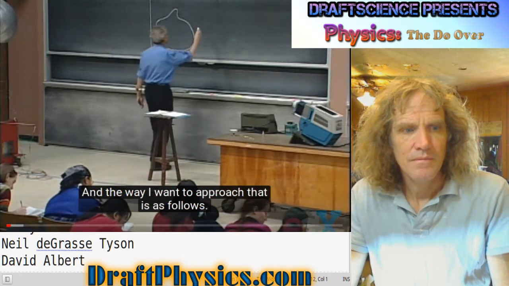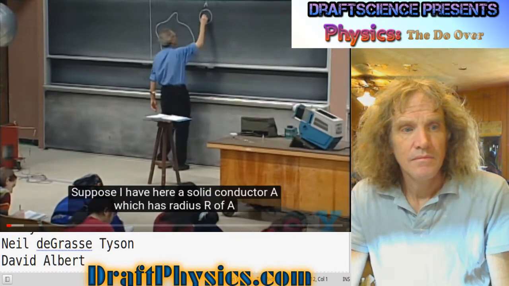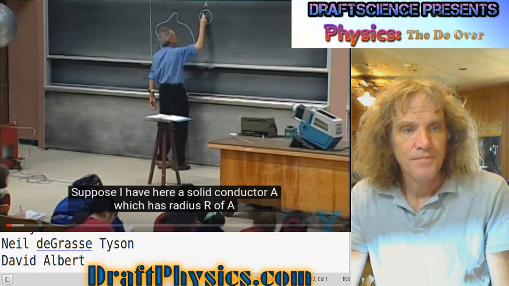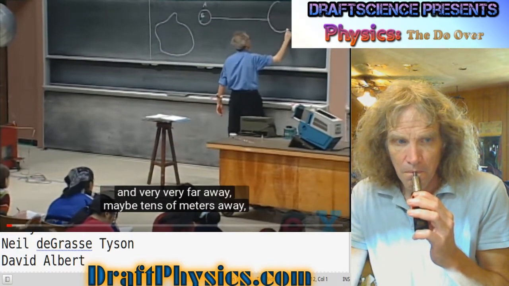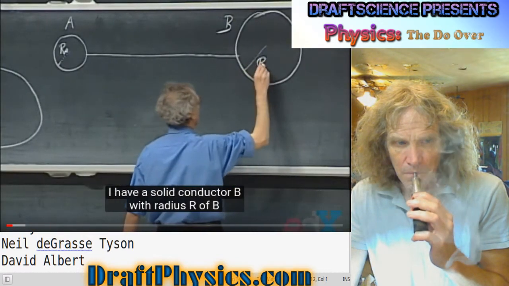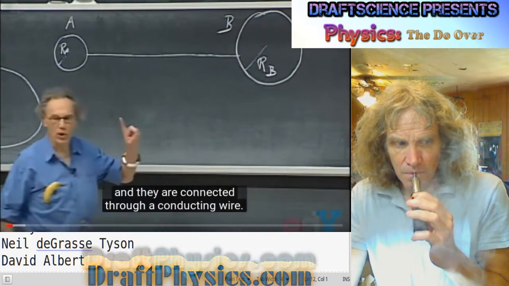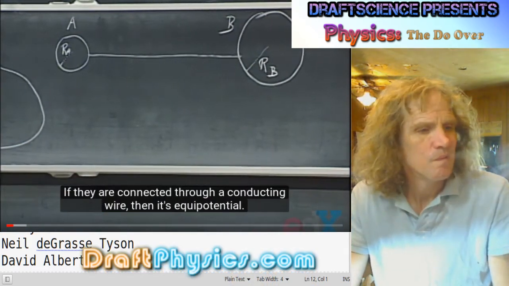The approach is as follows. Suppose I have here a solid conductor A, which has radius r of A, and very, very far away, maybe tens of meters away, I have a solid conductor B, with radius r of B, and they are connected through a conducting wire. That's essential. If they are connected through a conducting wire, then it's equipotential.